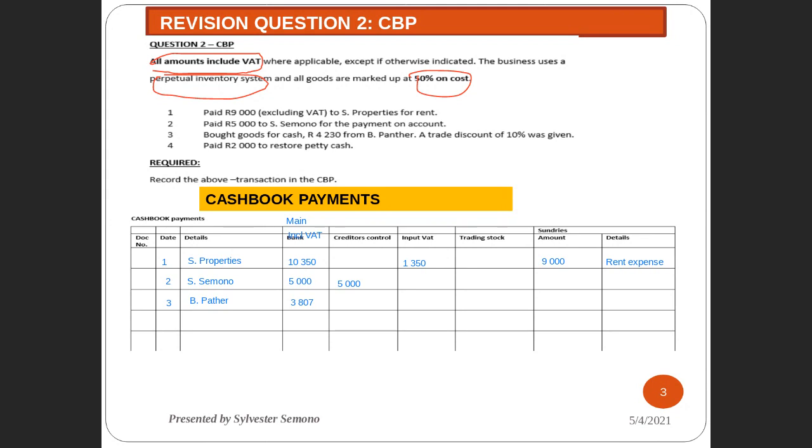Trading stock is VATable, and this 3807 is including VAT, remember. Because on top there, they told us all amounts are including VAT except otherwise indicated. So if they didn't tell us, we know that stock must include VAT. So you must take out VAT before we can find the trading stock.